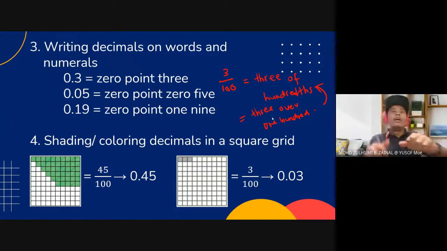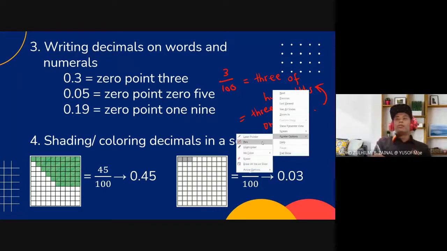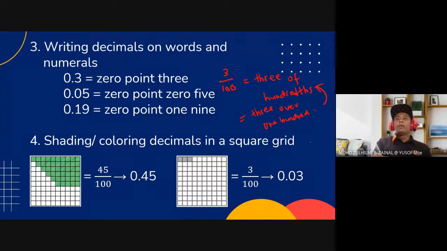And then shading color. Shading or coloring decimals in square grid. Yang ni easy lah. What should you do is count all the shaded region. Kalau soalan tu ask you in square grids and then the part already colored or shaded, you just write the fraction.